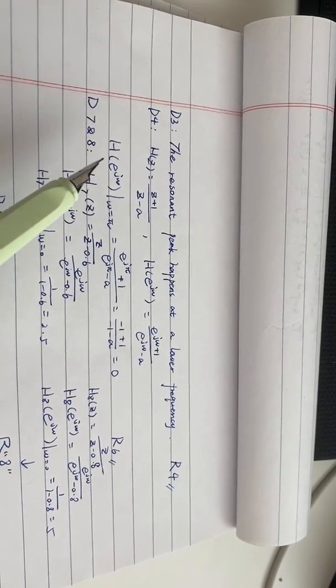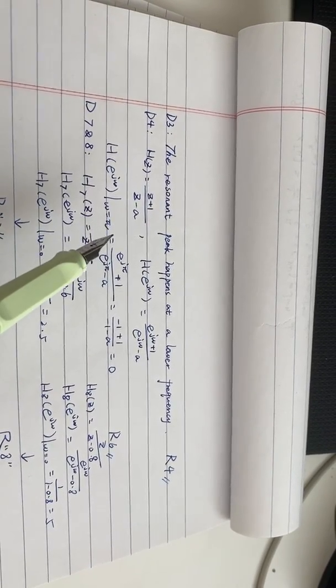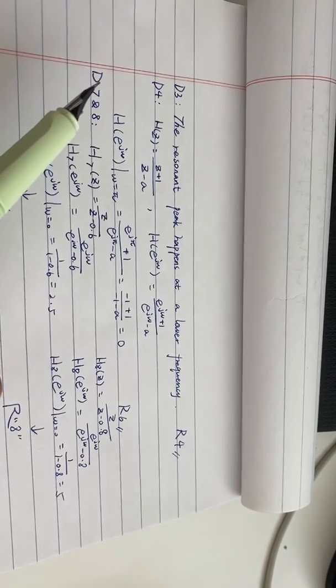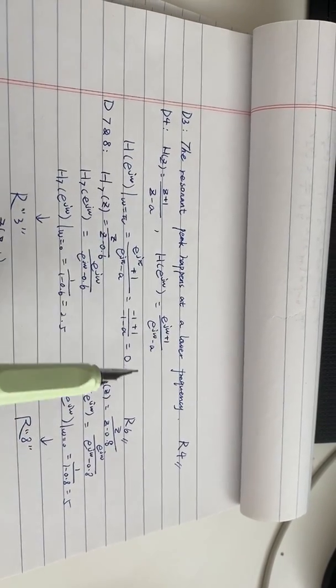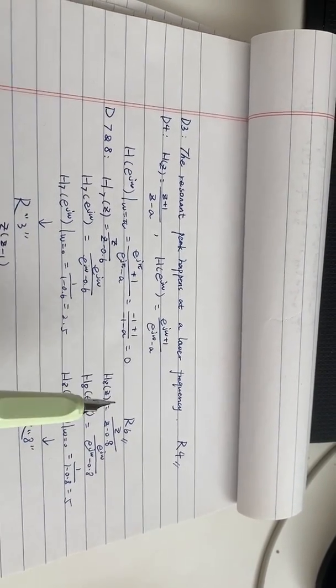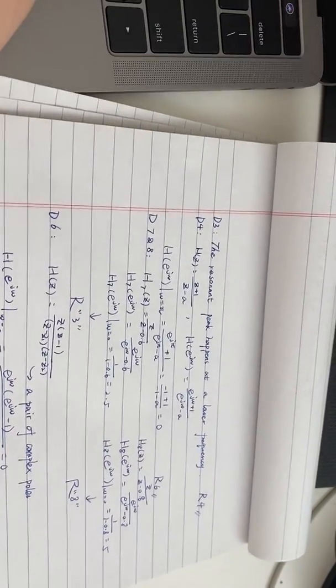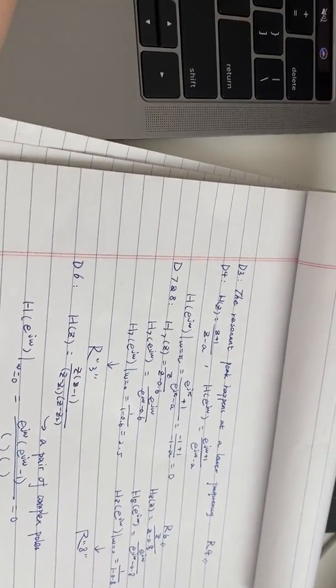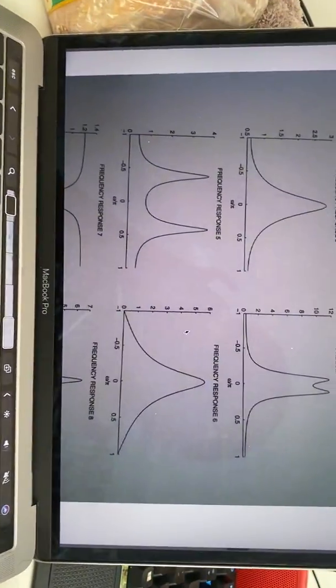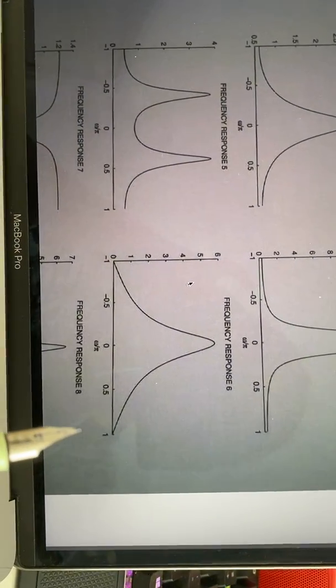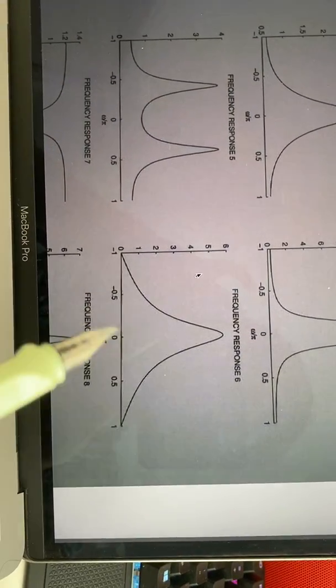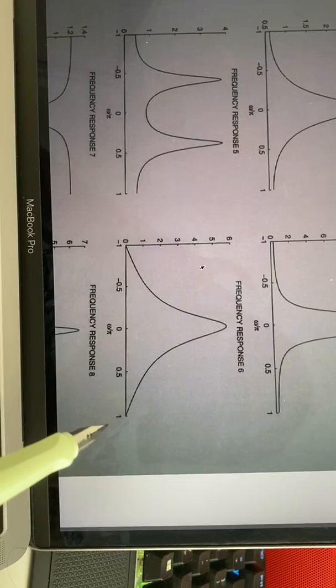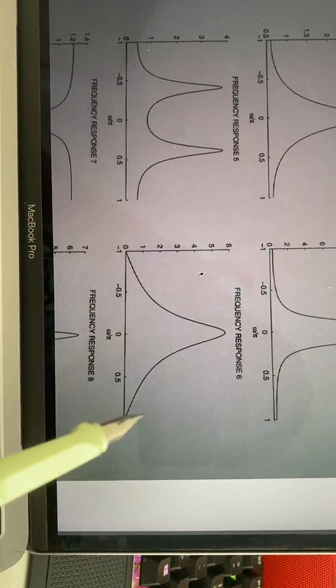And when omega equals pi, we get that H becomes 0, so we match R6 to D4. Here's R6. When omega equals pi, the response becomes 0.